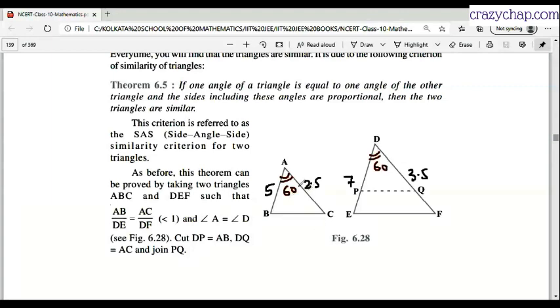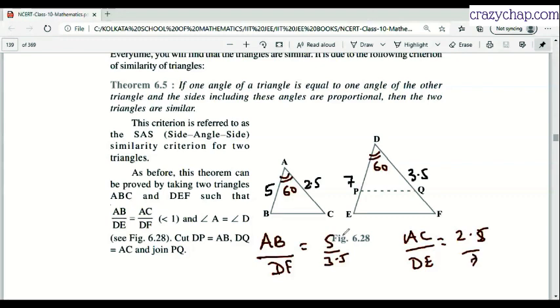So we compare the side ratios. When I compare AB with DF, let's say, 5 over 3.5, and AC with DE, 2.5 with 7, we find that these two side ratios are not equal, right?